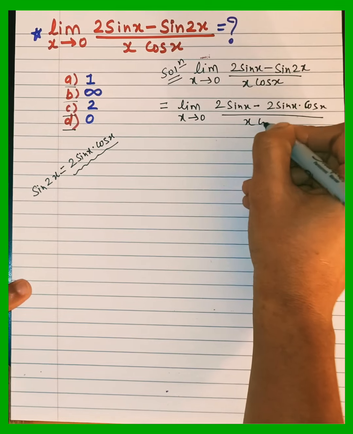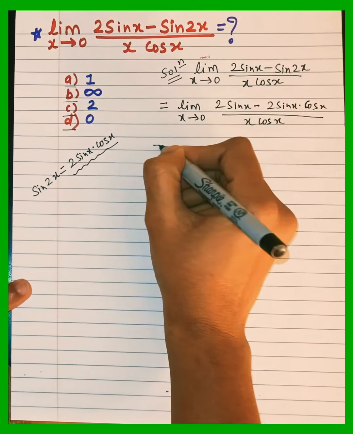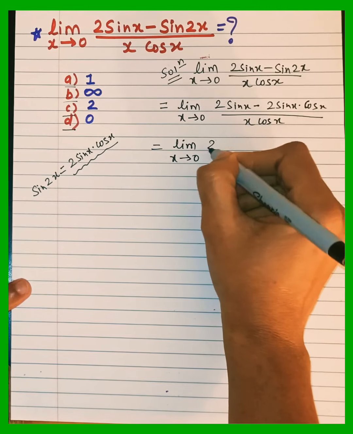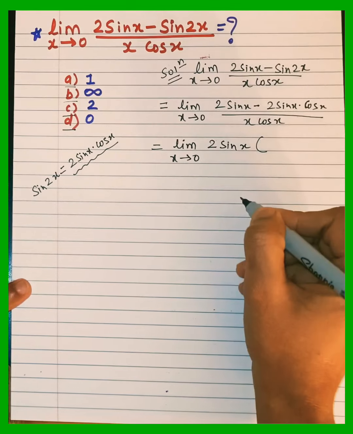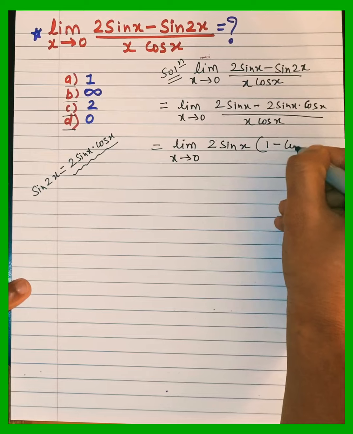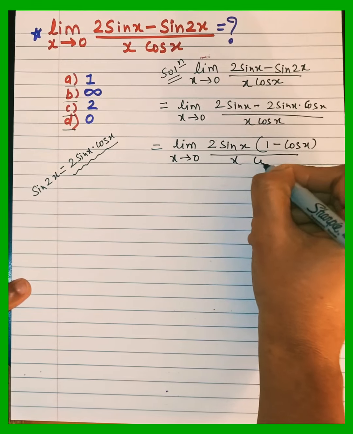Upon x cos x. Now from these two terms we can take out common 2 sin x. So inside the bracket what we will get here is 1 minus cos x upon x cos x.